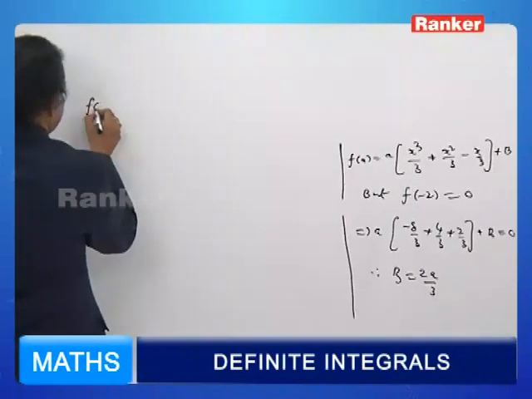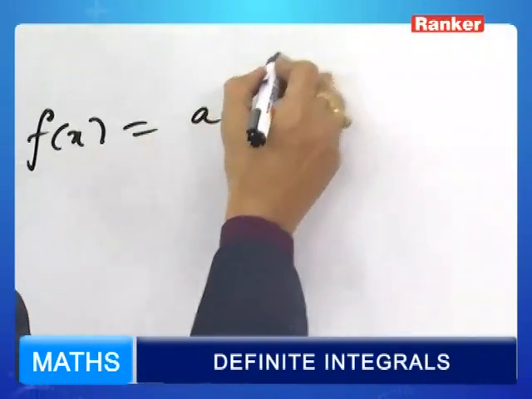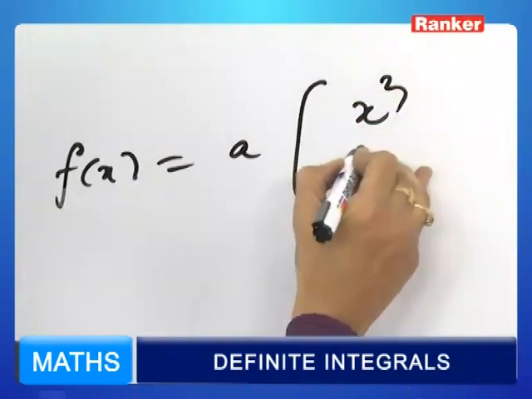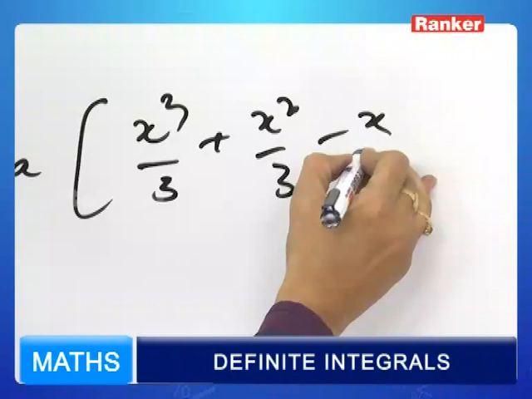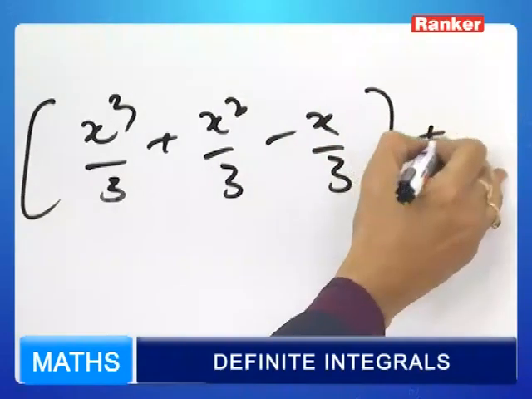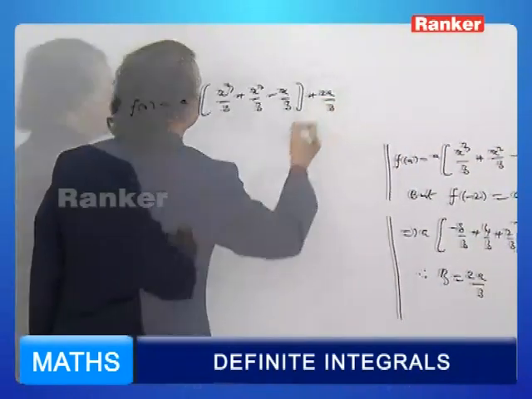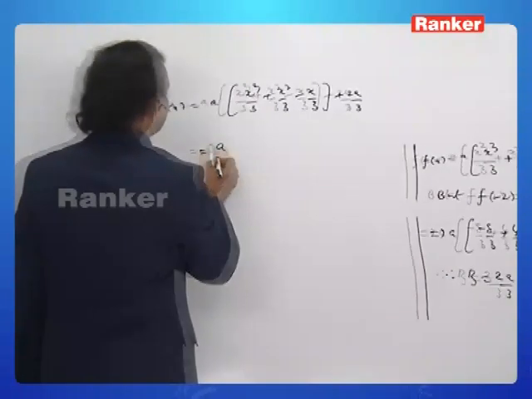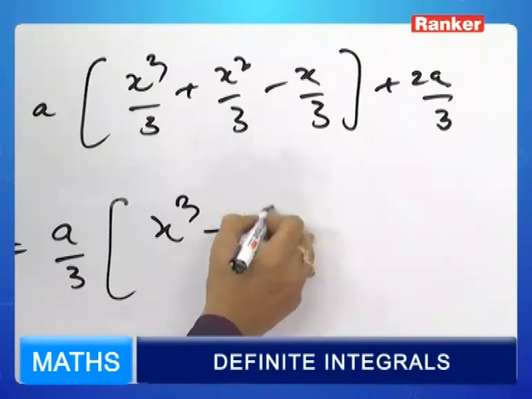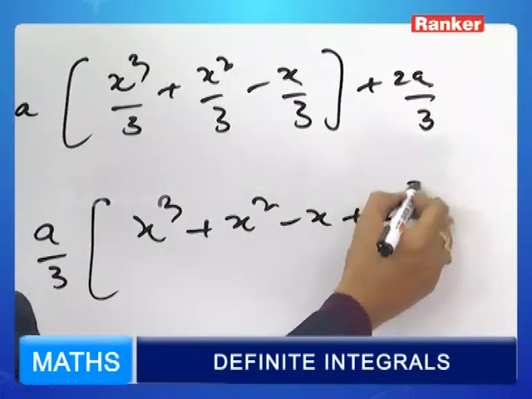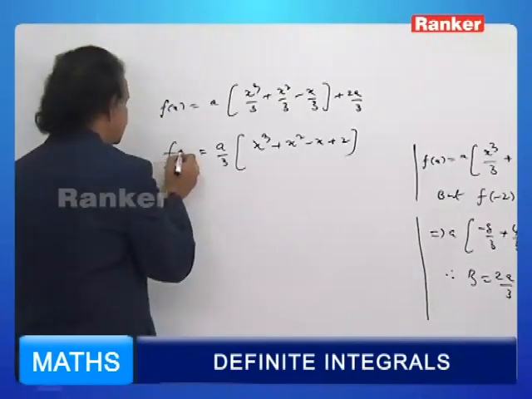Therefore, f of x is equal to a into x cube by 3 plus x square by 3 minus x by 3 plus 2a by 3, so that it is a by 3 into x cube plus x square minus x plus 2. This is f of x.